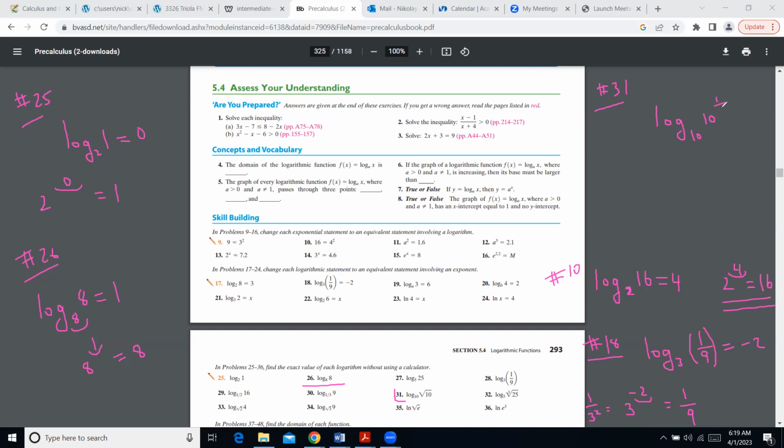Instead of square root, I put the power of 1/2. How about that? So I have to take base, raise it to some power to get power of 1/2. We see, so the power is 1/2. They ask, what is the power? So it's 1/2 power to produce 10 to the power of 1/2. So the logarithm is going to be 1/2.